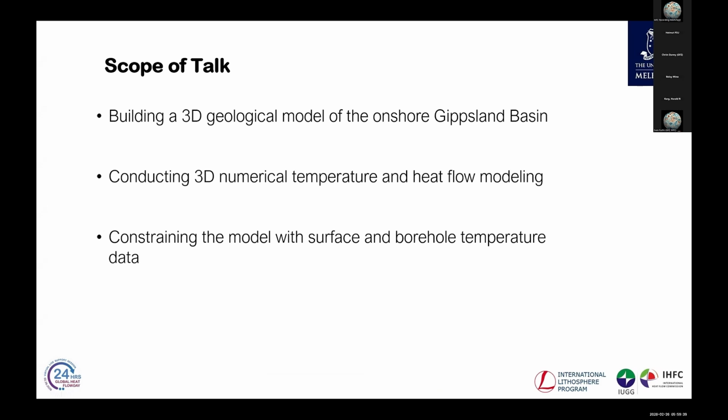In this section, we are going to see how to build an appropriate 3D model showing the internal architecture of the basin, conducting 3D numerical temperature and heat flow modeling, and finally constraining the model with surface and borehole temperature data.